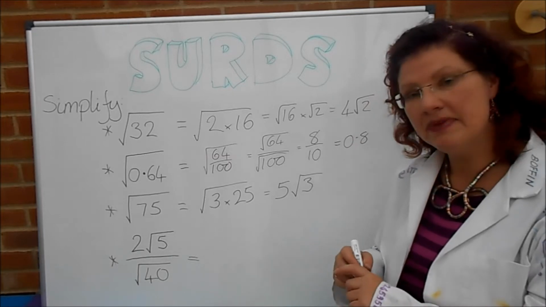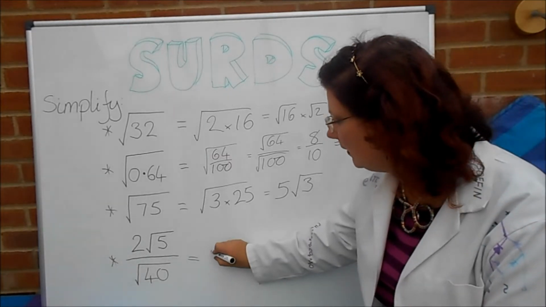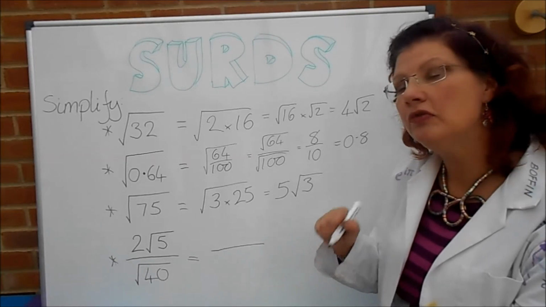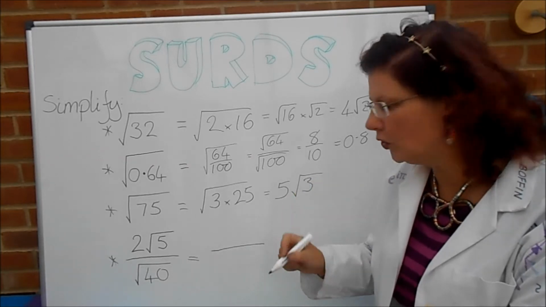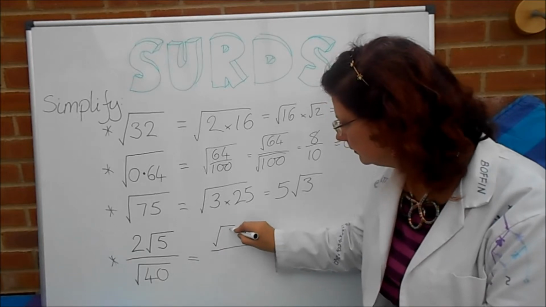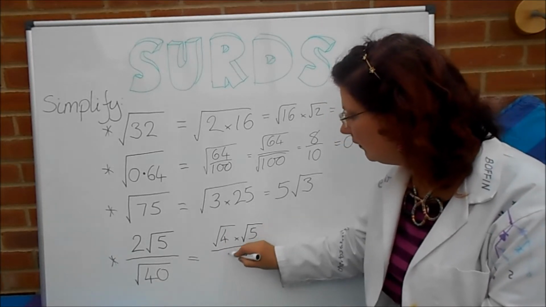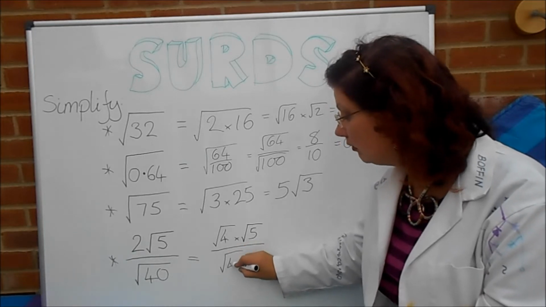Last one, bit by bit. So the top line, 2 root 5. Well, I'm going to write 2 as root 4. So we've got root 4 times root 5, whole thing over root 40.